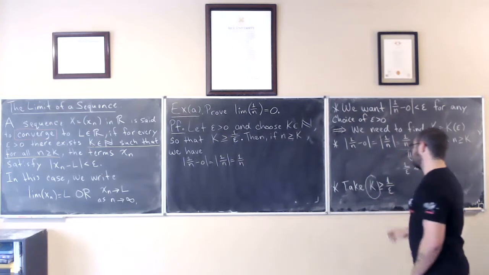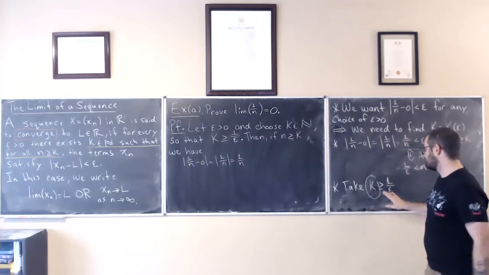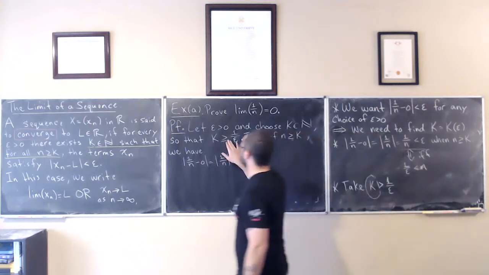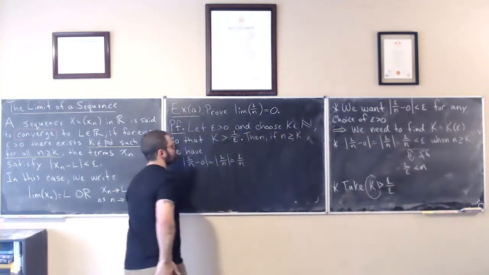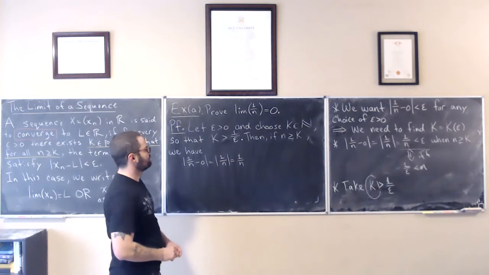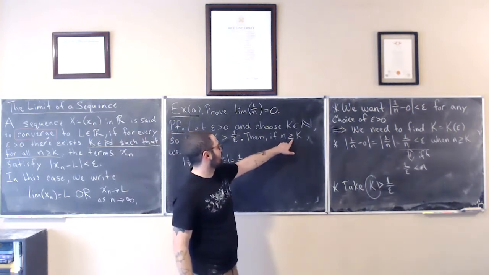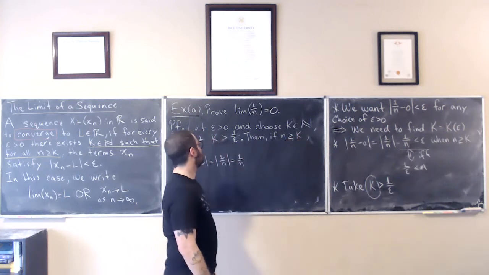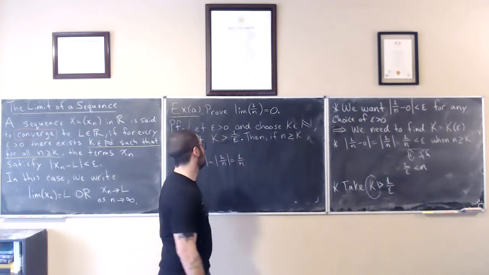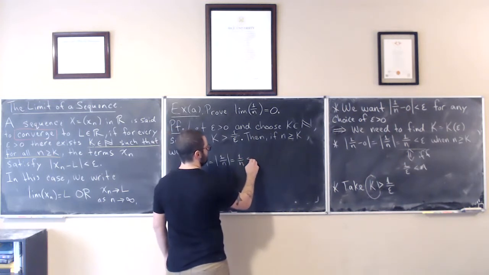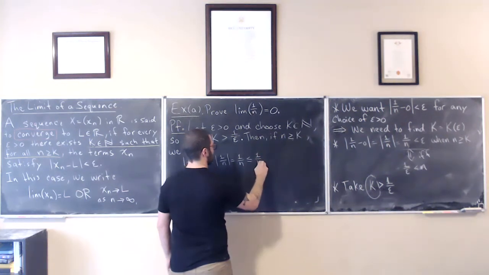It doesn't matter, but the way that your textbook uses it, it's strictly greater than, so I'll do that. So if n is greater than or equal to k, right, then 1 over n is at most 1 over k.